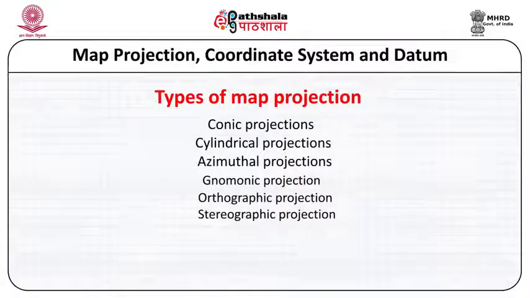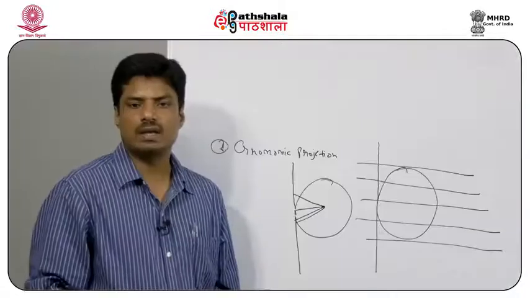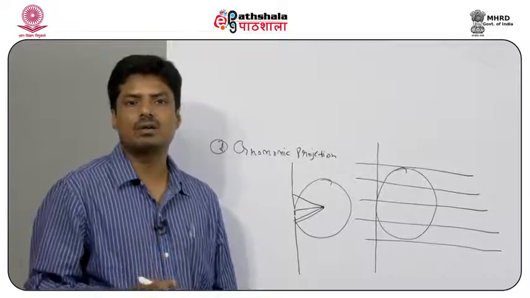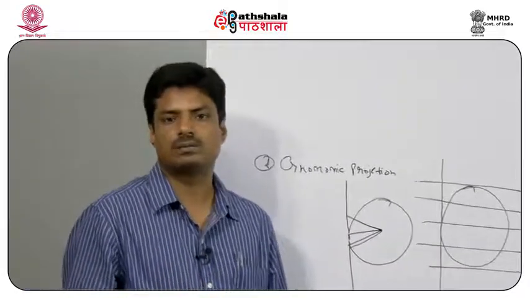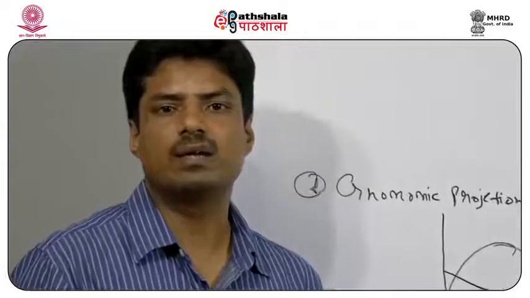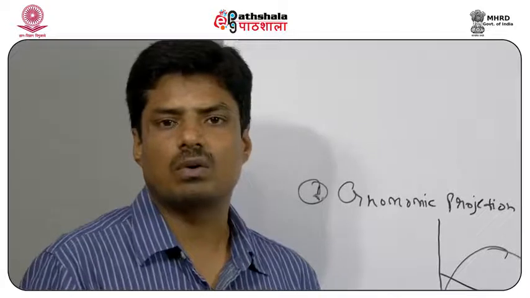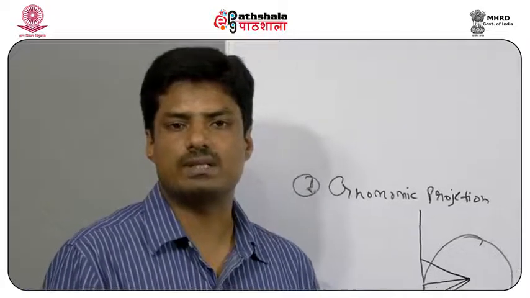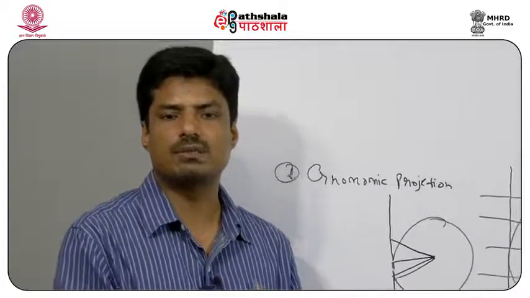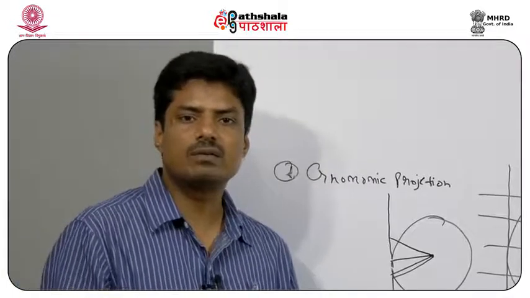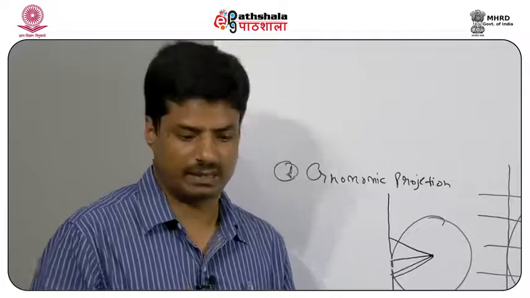And the third important category in this projection is stereographic projection. In stereographic projections, the light is drawn from the opposite angle, diagonally from the opposite angle of the surface where the plane paper is placed. We can understand it with the help of the diagram in this manner.